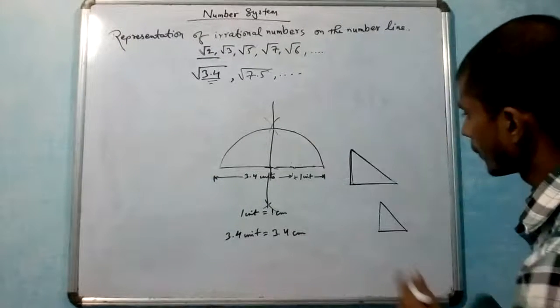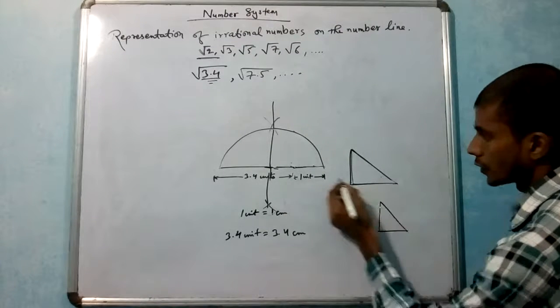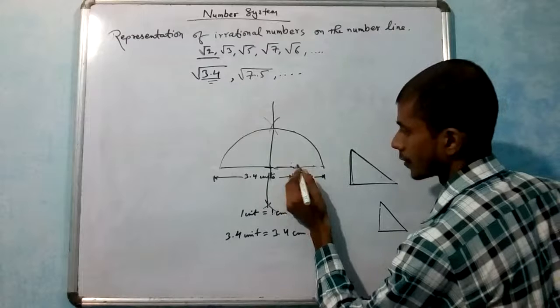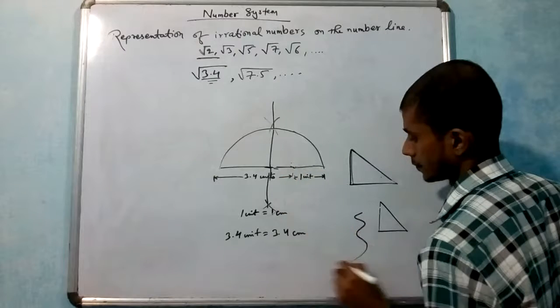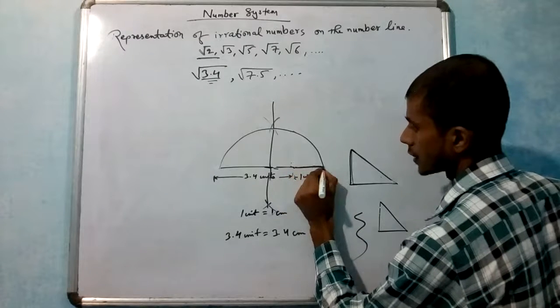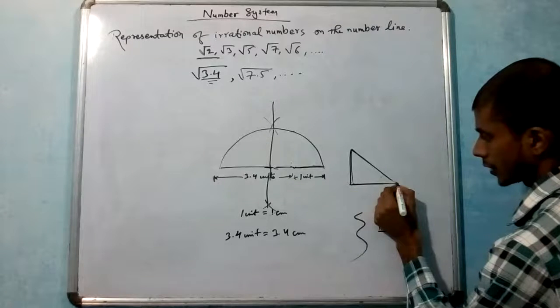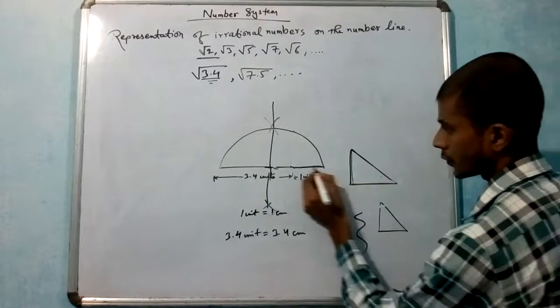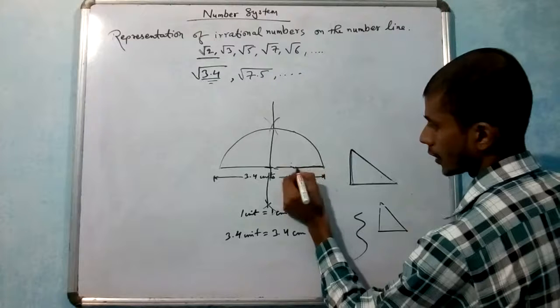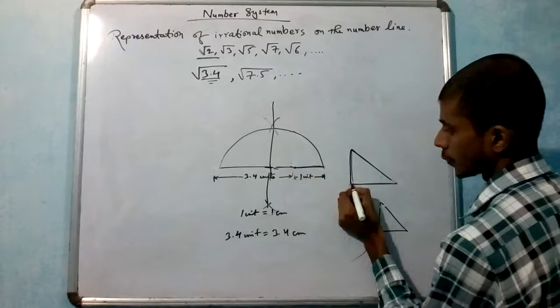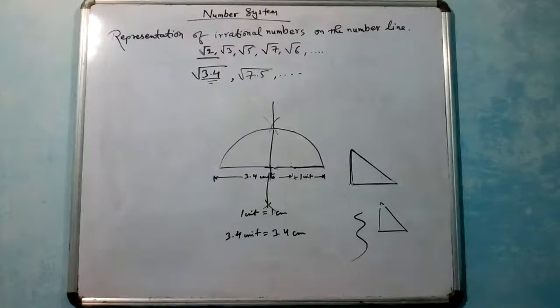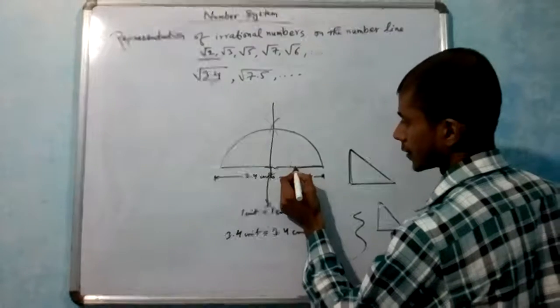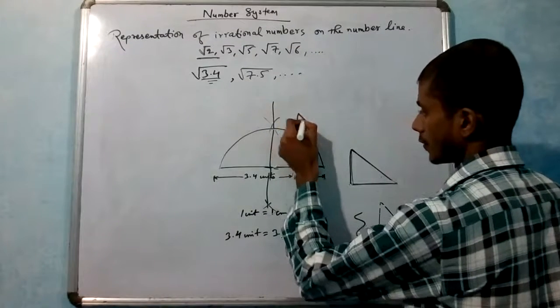Bring this compass here like this and match this edge of the compass with this line, and this point with this point. So it will come something like this.